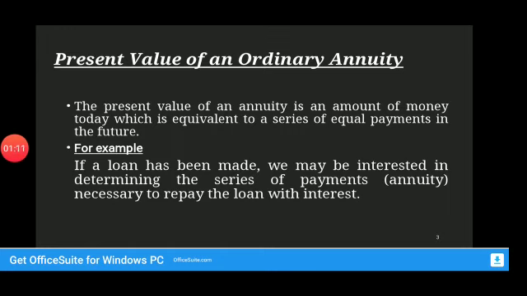For example, if a loan has been made, we may be interested in determining the series of payments necessary to repay the loan with interest. It means you have taken a loan and you are interested to know how much you have to pay. You are interested to know it now, and that is the present value.